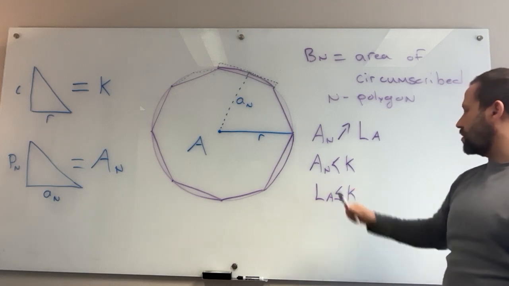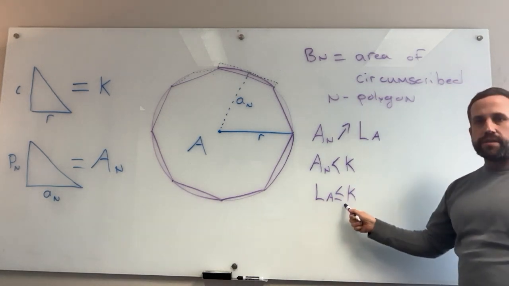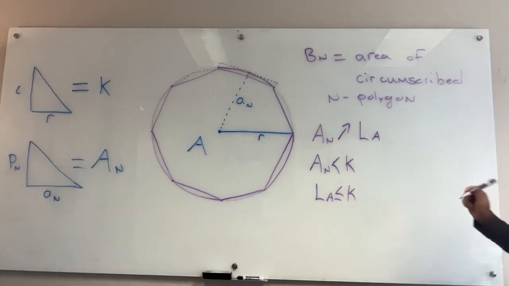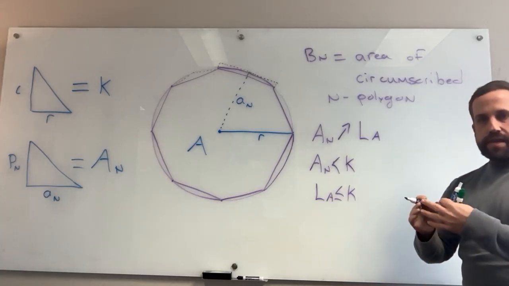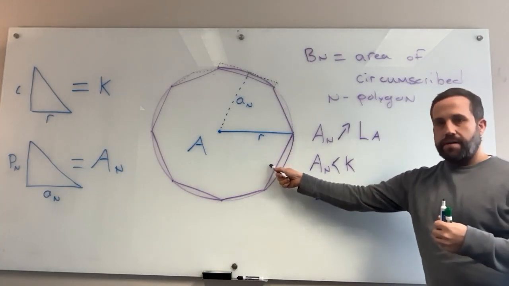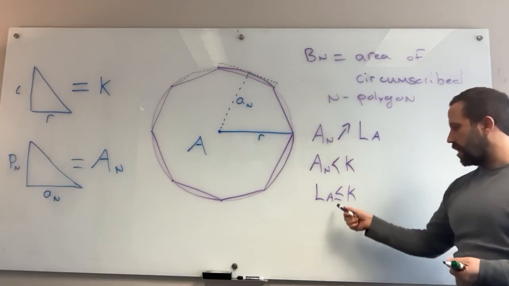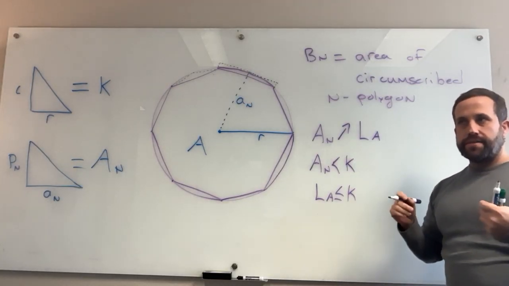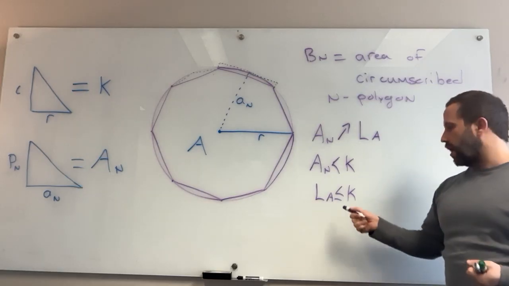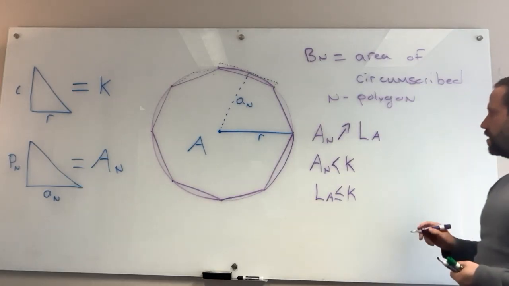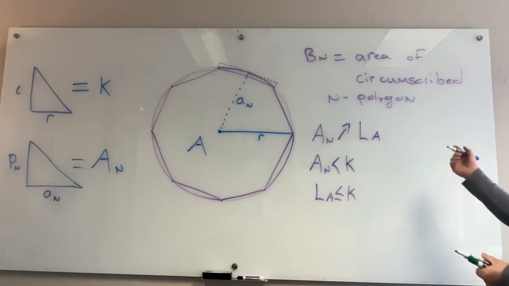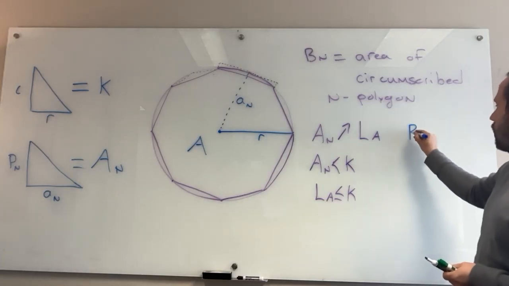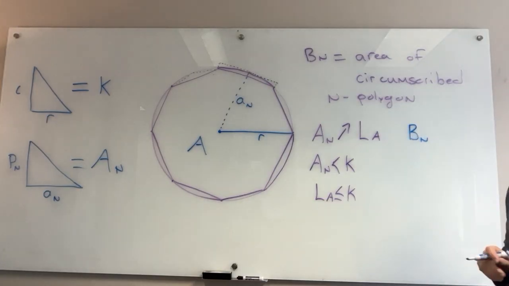Not necessarily strict inequality, but less than or equal. So the limit of the area of the inscribed polygons is less than or equal to K.